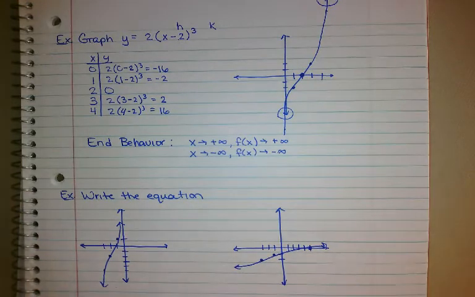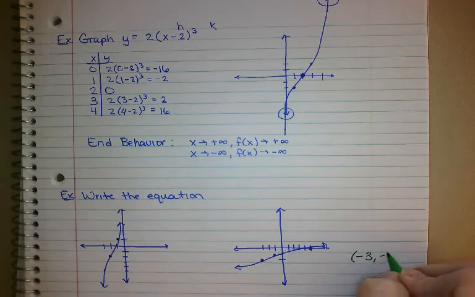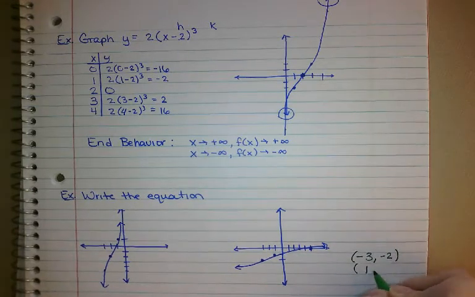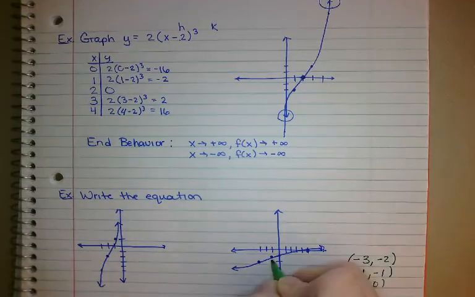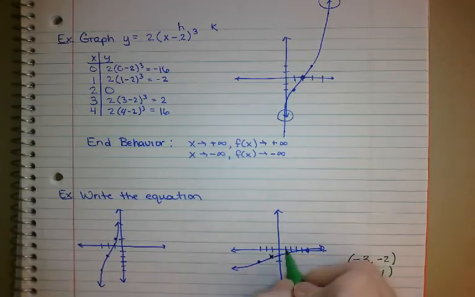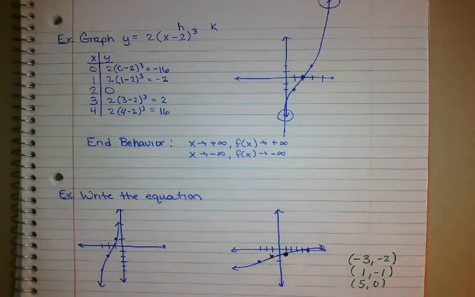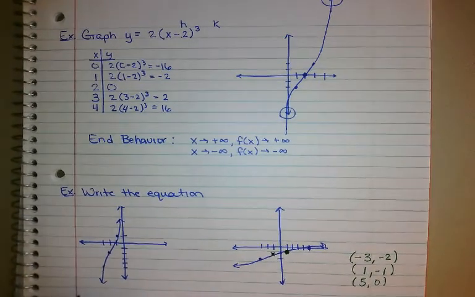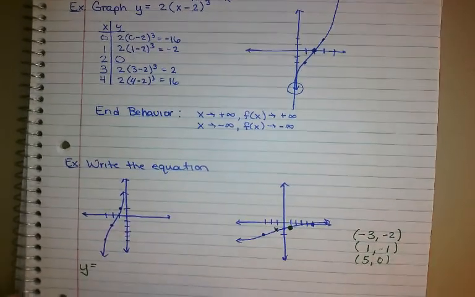All right, I misplotted. So the points I want you to plot: negative 3, negative 2, 1, negative 1, and 5, 0. So ignore that one. We're going to go 1, negative 1. So almost had it. All right, so looking at this, it's opening up, so I know the A is positive.